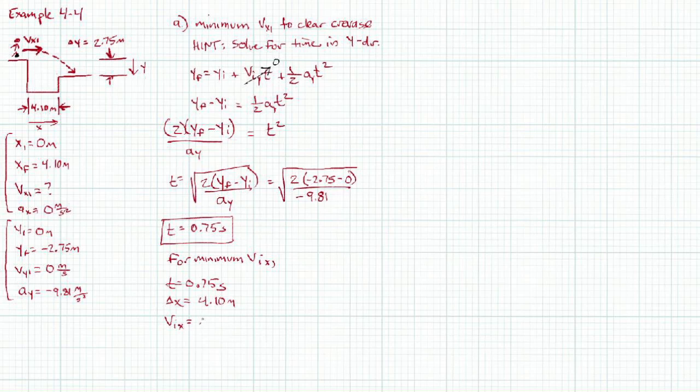Well, that's displacement in the x direction over time. So that's 4.10 meters over 0.75 seconds. And that gives us an absolute minimum x velocity of 5.47 meters per second.